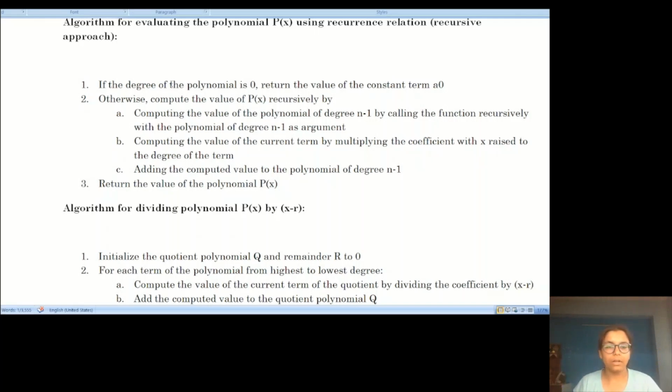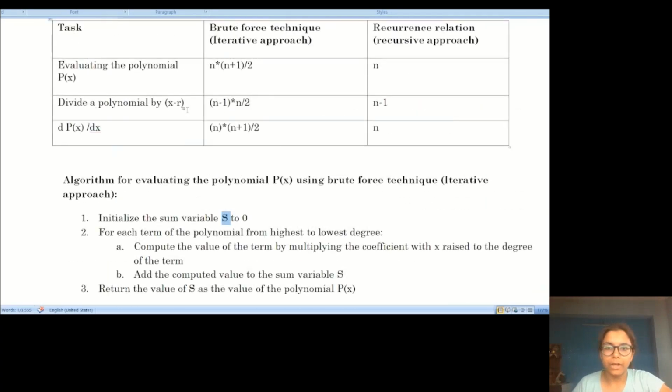For the second method, now you have to compute p(x) recursively. To do that, we have to compute the degree. I mean, we were provided with it, right? We have to keep it till n.